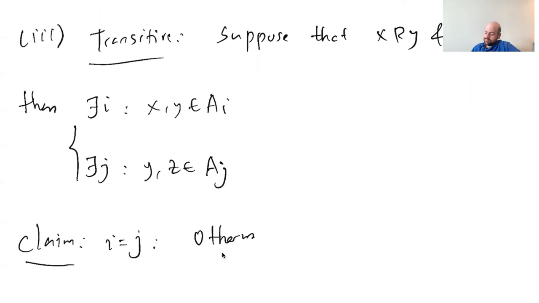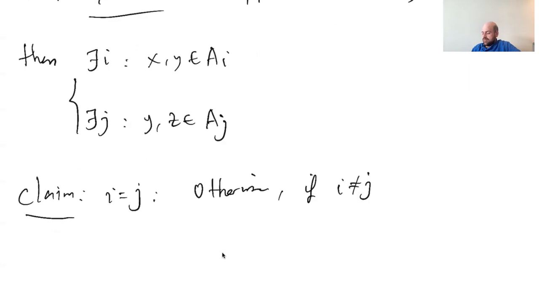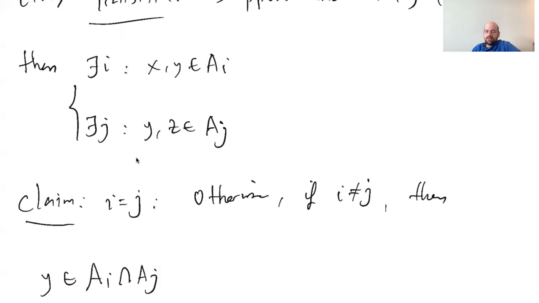Otherwise, if I is not equal to J, then the element Y will be in the intersection of AI and AJ, right? See, Y is in AI, Y is also in AJ. So Y is in the intersection of AI and AJ.